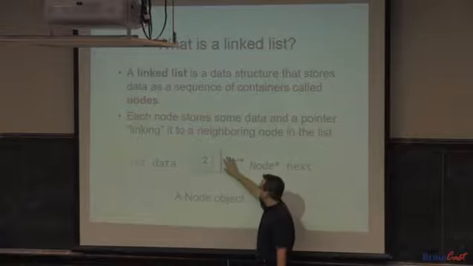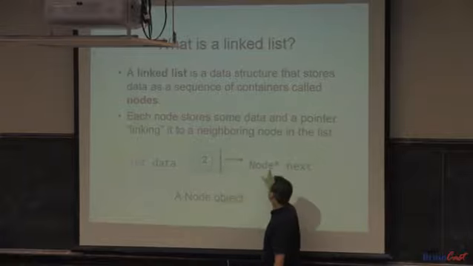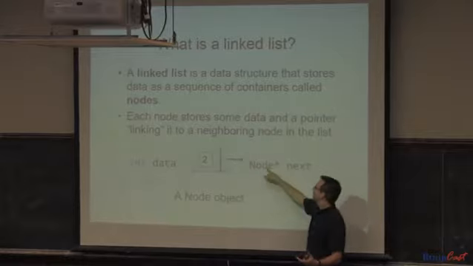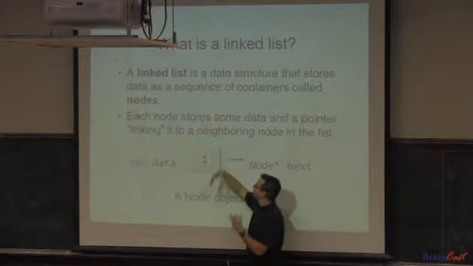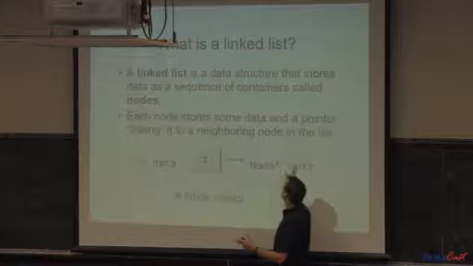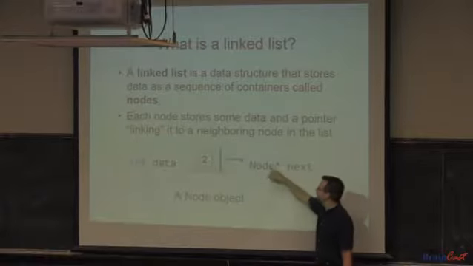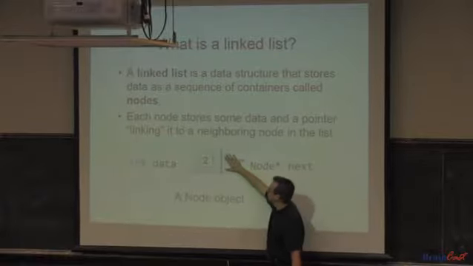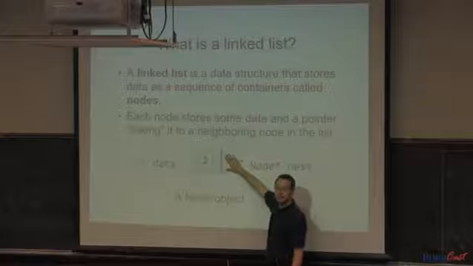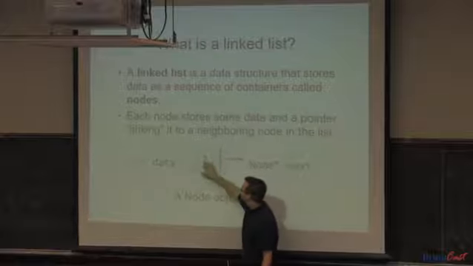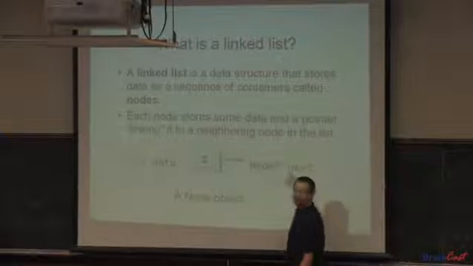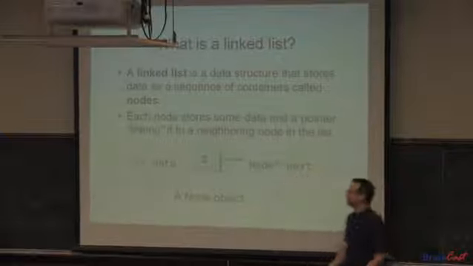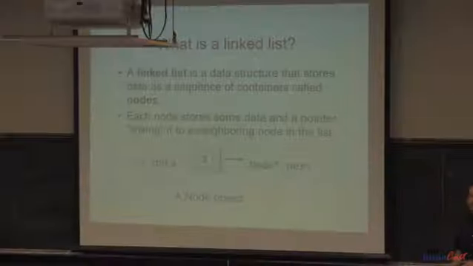So the pointer is a pointer to another type of node. So there's a data portion which holds the data for the node, and a pointer to the next node in the list. So this is a pointer to another node object. Okay? So each node knows its information and where the next node is. Okay? So that's how nodes are represented in memory.